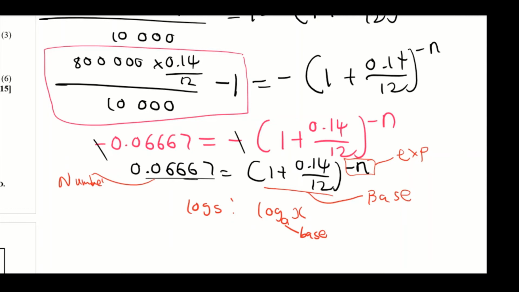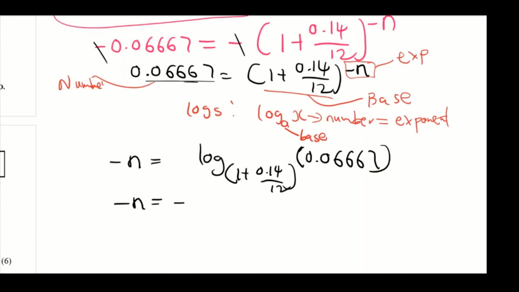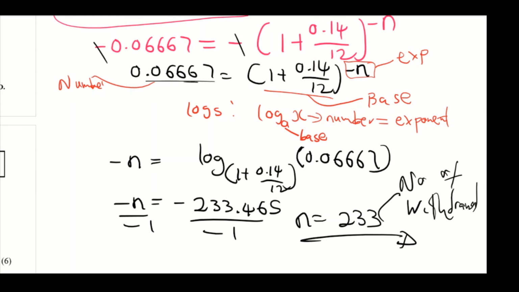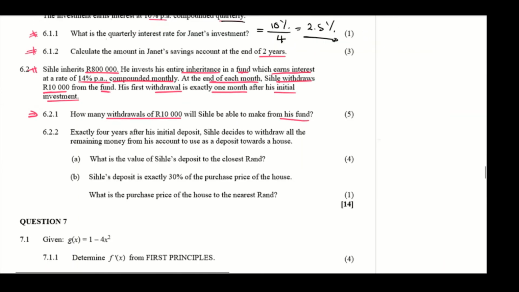For minus n, you should get an answer of minus 233.465. Divide by negative 1, n equals 233. Let's just leave it here. So these are the number of withdrawals that Sihle makes.